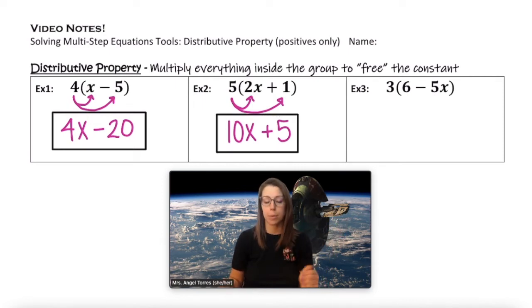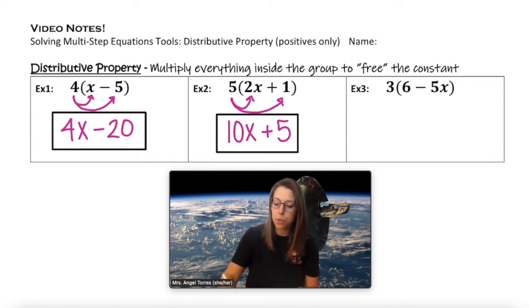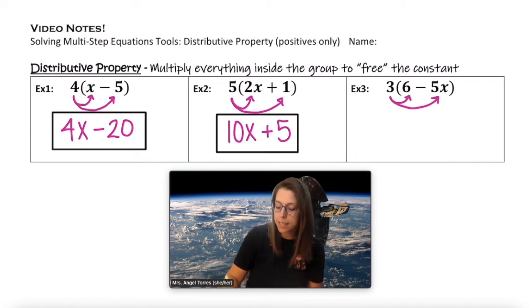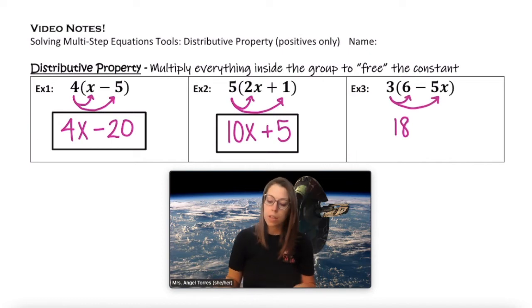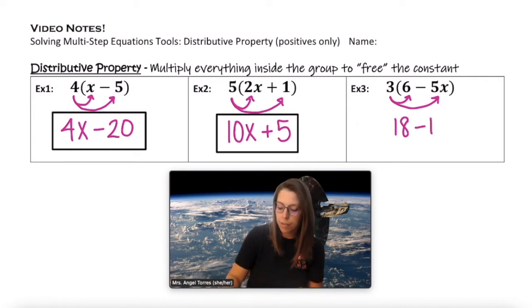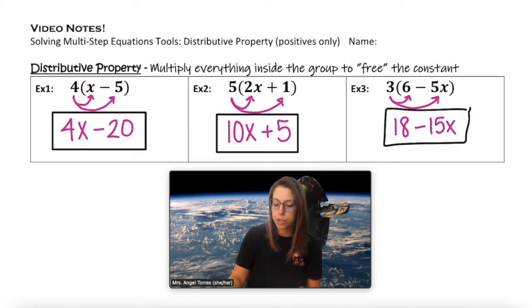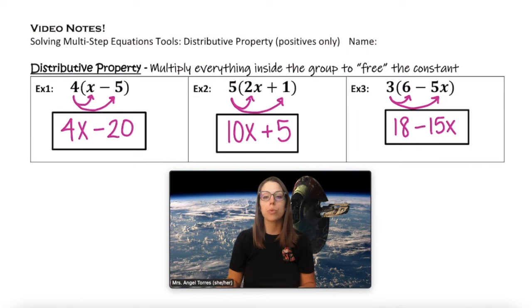Over in expression number 3, we're this time multiplying everything inside of the group by 3. 3 times 6 is 18, and 3 times a negative 5x would become minus 15x. Again, my constant is free, and I have 2 terms, so I know that expression 3 is fully simplified.